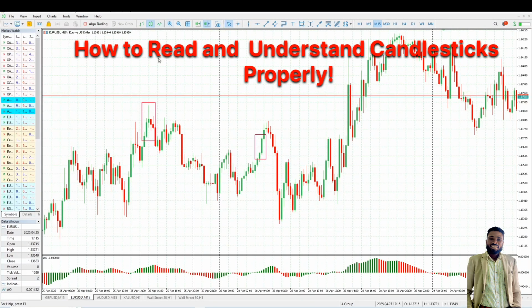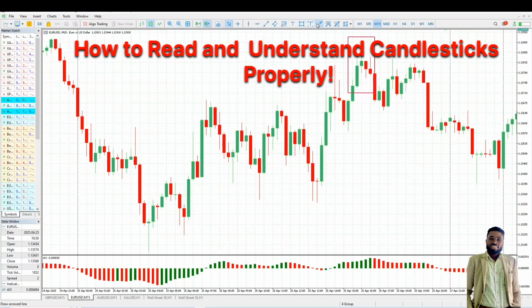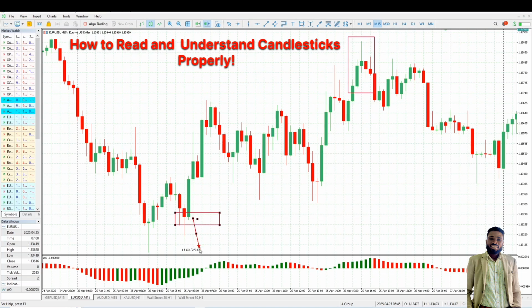Let me increase the size of the candlestick so that you understand it. So for any chart to be able to move upwards, there should be a candlestick which is moving upwards, right? And for a chart to be able to move downwards, there should be a candlestick moving downwards. So you see at this point, the market could not move downwards because there was no candlestick moving downwards. You get it?